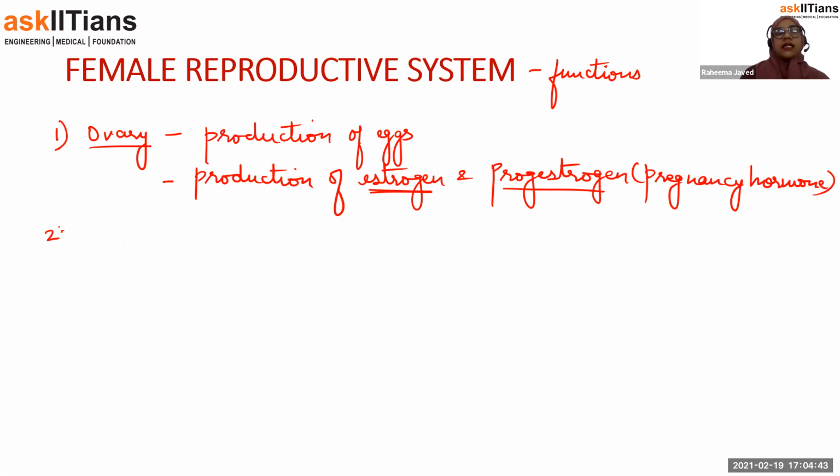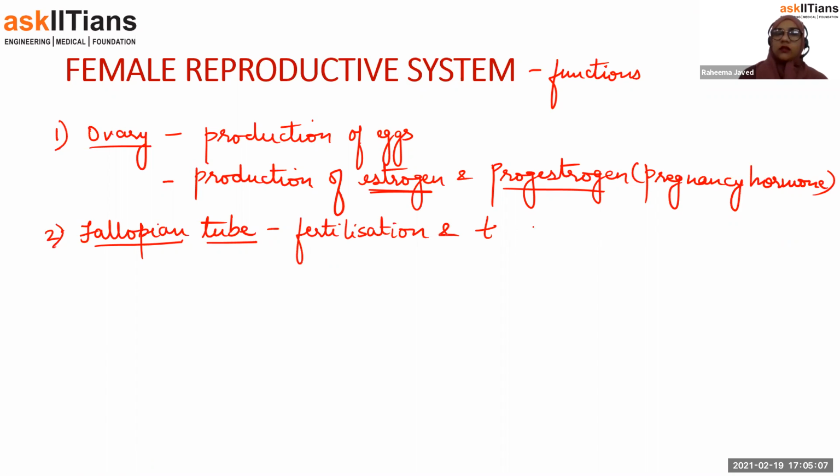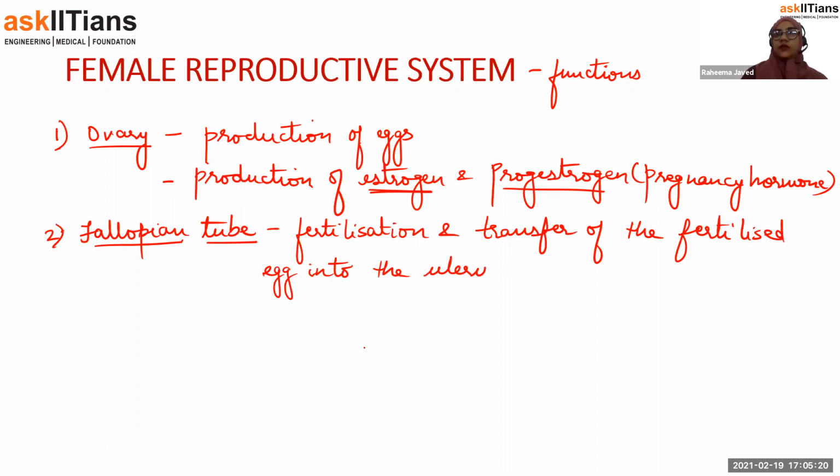The second part is the fallopian tube. The fallopian tube is involved in fertilization. So the ampullary region of the fallopian tube helps in fertilization of the egg. And it also helps in transfer of the fertilized egg into the uterus.